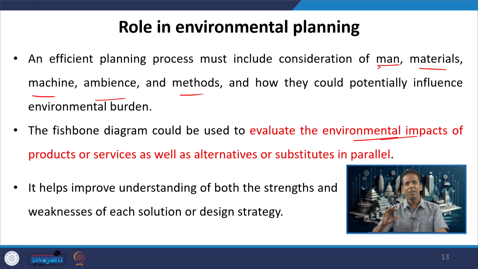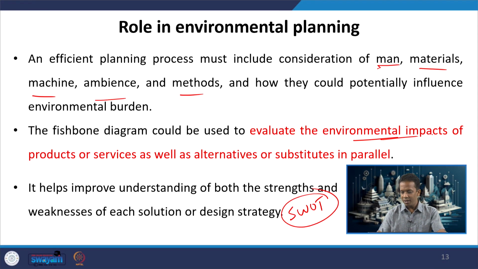The SWOT analysis again is a qualitative analysis where we try to compare strengths, weaknesses, opportunities and threats. Similarly, when we talk about environmental impacts, we are not calculating the environmental impacts and then comparing. We just have a qualitative understanding of which impact would be higher and which impact is going to be lower, and that we can do.